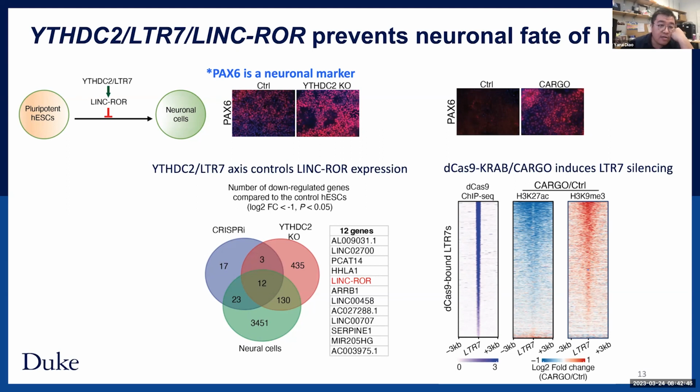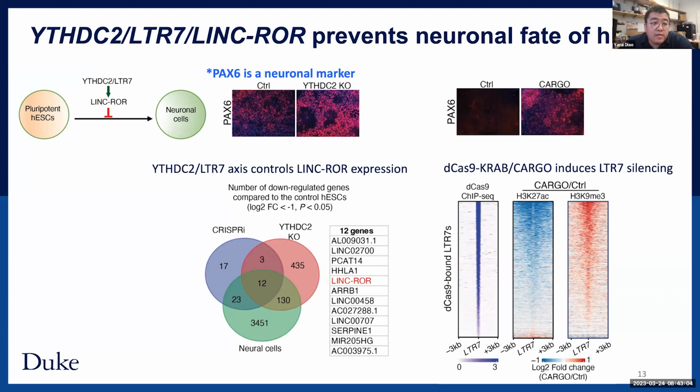We found about 12 genes that are co-regulated by YTHDC2 and LTR7, and these genes are also downregulated during the neuronal differentiation process. One of the transcripts that Tongyu identified is LINC-RR.